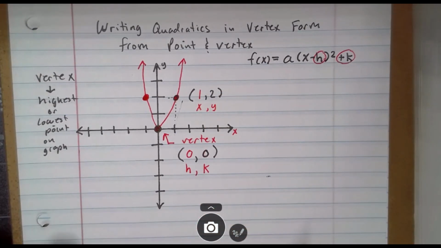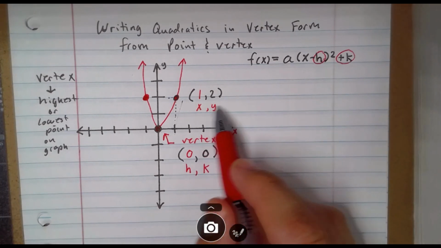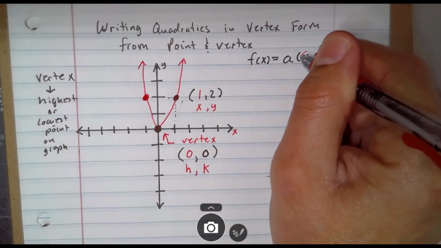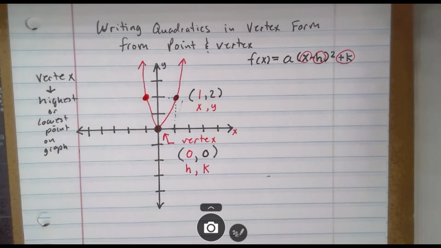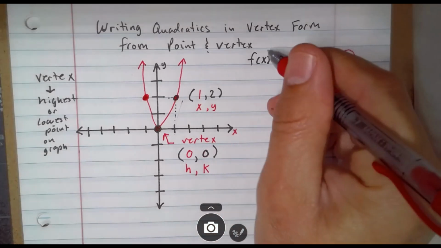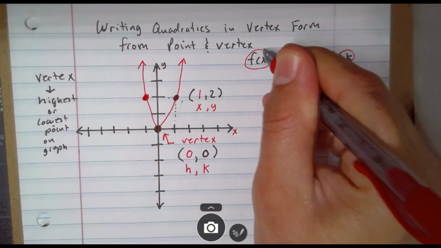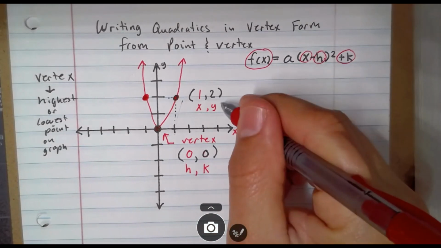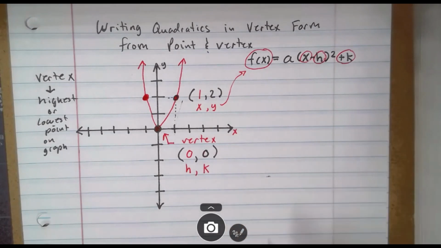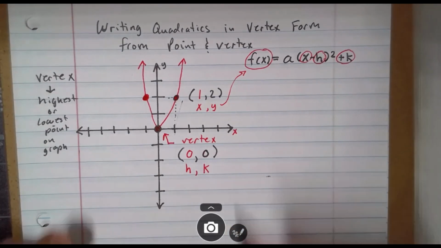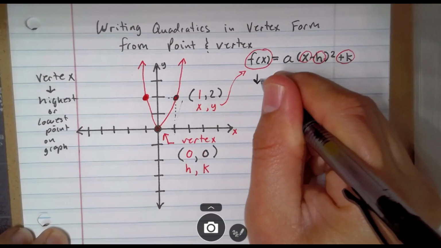So now that I've got these points labeled, I'm going to start substituting. A couple things you need to remember is that this x and y, first of all, the x is going to be this x right here. And y is the same thing as f of x. So y is going to be replacing this f of x right here. So let's rewrite this real quick with these values in it.